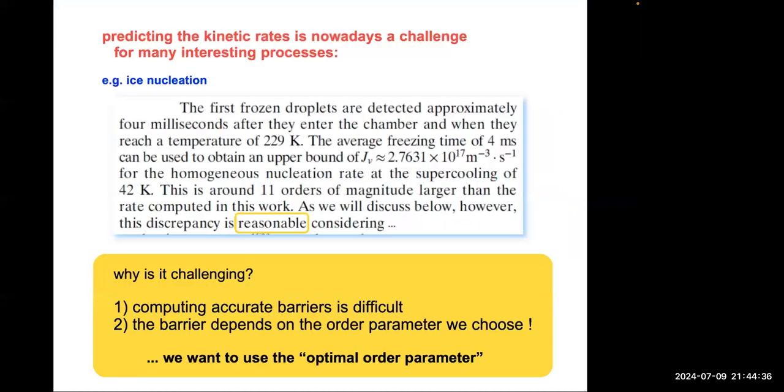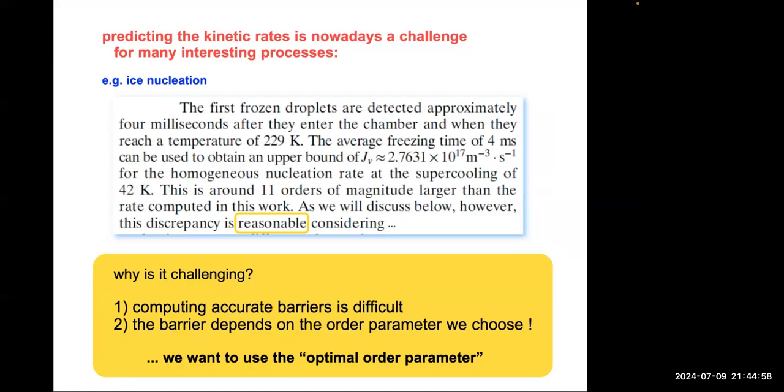Now, just to reiterate that kinetics is difficult, this is a citation taken from an article in the literature where they try to do ice nucleation, so pure water, homogeneous nucleation. Using a lot of computer research and the best available techniques, they find an error of 11 orders of magnitude between the experimental and the theoretical rate.